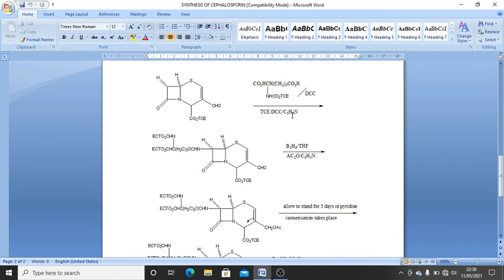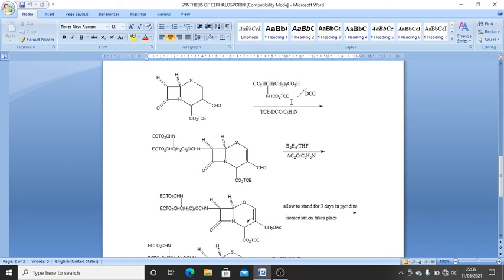Cephalosporic acid reacts with 2-substituted hexane amide in the presence of DCC, TCE, that is beta-beta-beta trichloromethyl ester, to give an intermediate in which this 4-membered ring is finally protected by the long chain system.